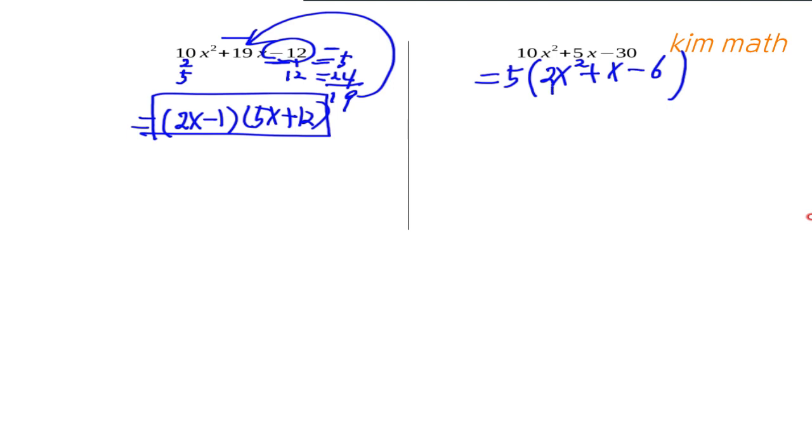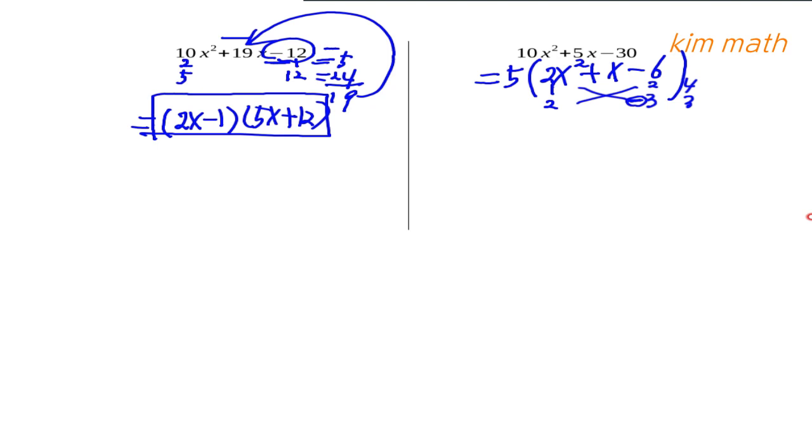How? 1 and 2, 1 and 6, 2 and 6, not possible. Then 2 and 3, this is a 4, this is a 3. Wow, we can make a 1x by changing this one to a negative, right?